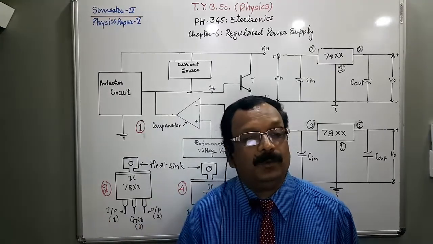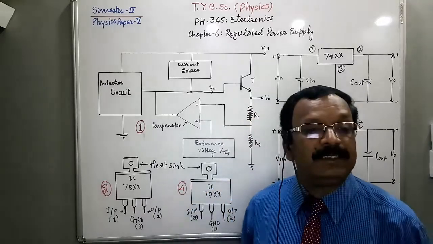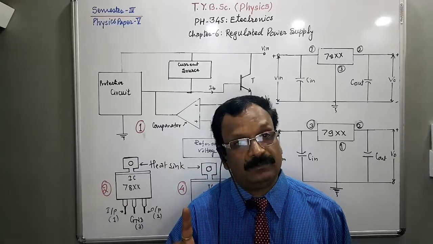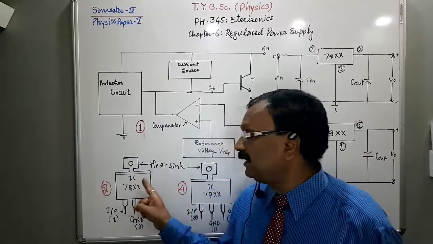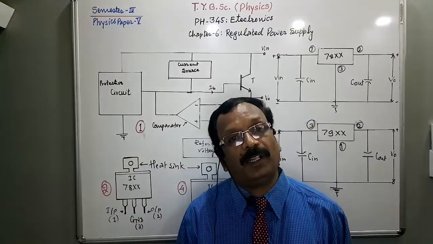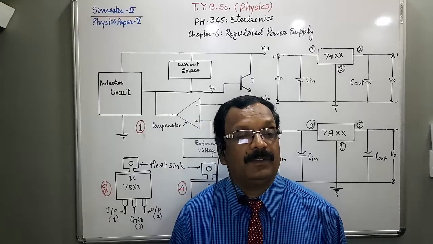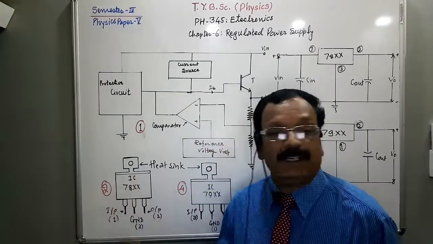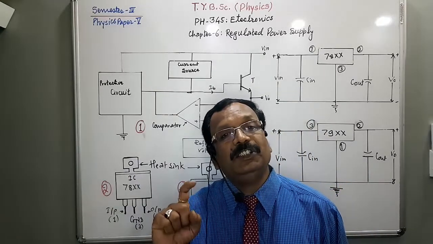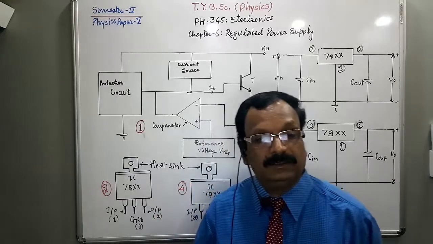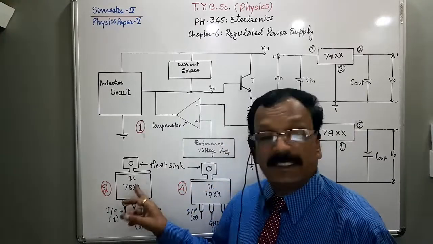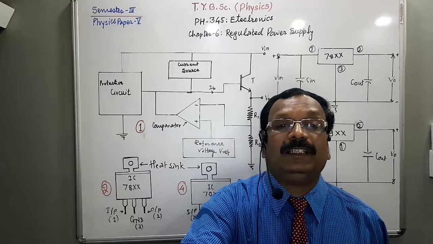Next, the fourth special feature of this IC is that it also has output transistor safe area protection inside it. And the last feature of the IC 78 series is that for current limit, it has an internal short circuit current limit in order to control the current. Okay.